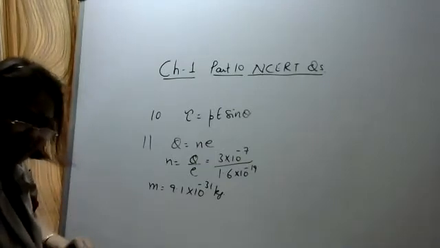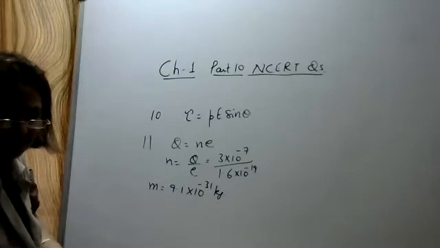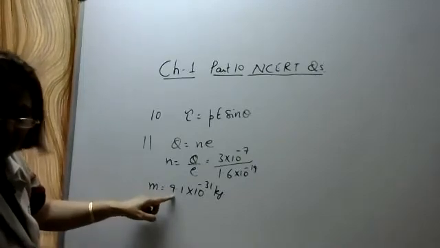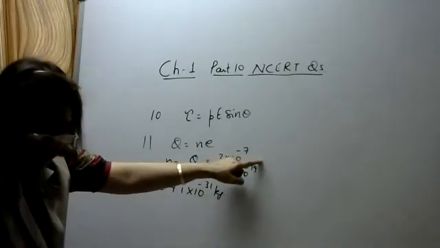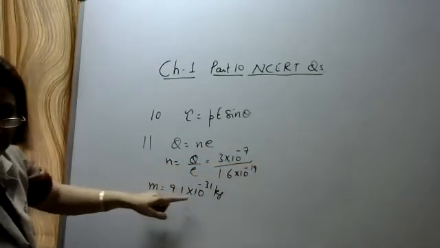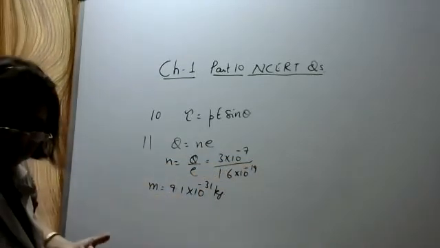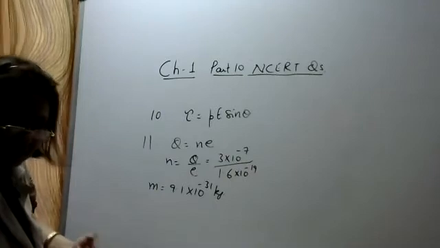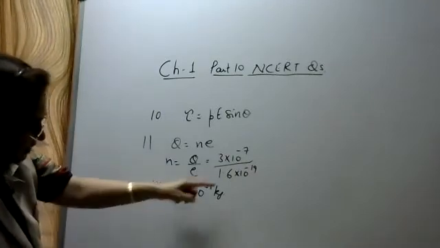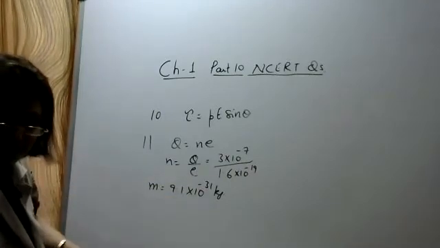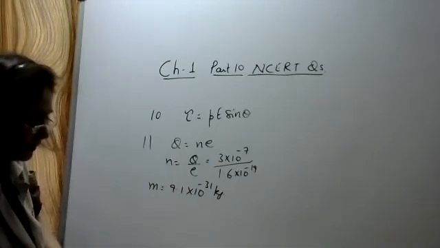So here you can write that negligible mass is transferred. Or you can find the mass also: whatever number of electrons you get, multiply it by the mass of one electron. You will get the mass transferred, which will be negligible, of the order of 10 raised to the power minus 31.